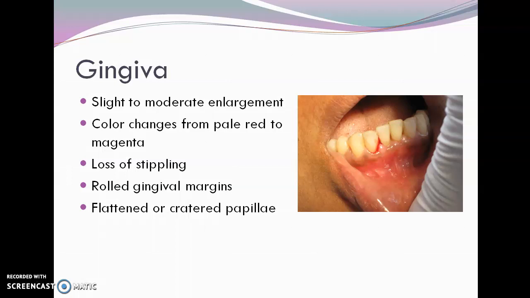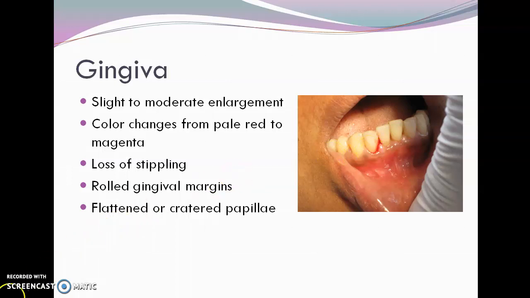Chronic periodontitis and aggressive periodontitis can be differentiated as follows. First, in chronic periodontitis there will be more plaque accumulation compared to aggressive periodontitis. Second, vertical bone loss will be present in aggressive periodontitis, but in chronic periodontitis there will be horizontal bone loss.